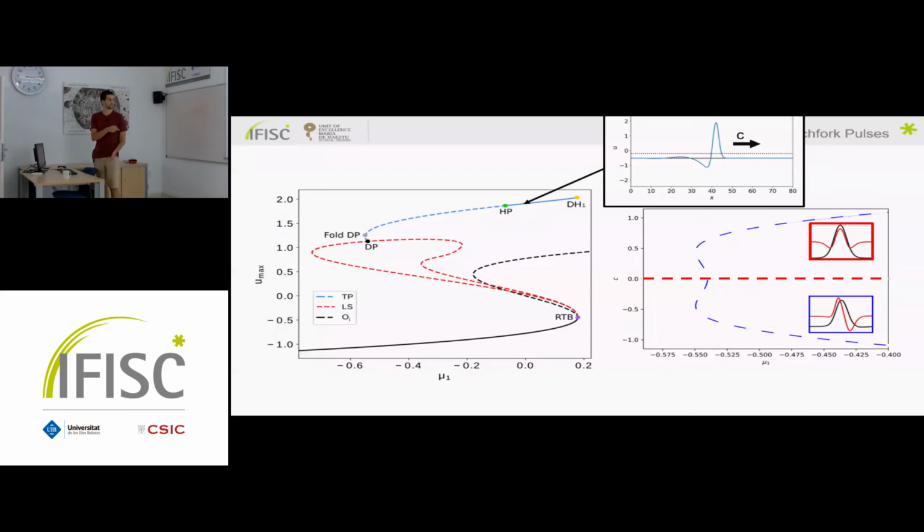So these solutions are symmetric, but at some point in the parameter they have a spontaneous break of symmetry, and these pulses appear, the ones that we see far away in the excitable regime, born from here in the spontaneous break of this symmetry, and they start moving.